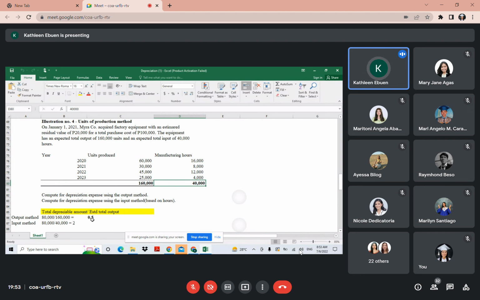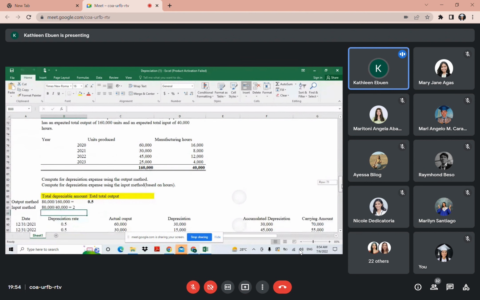Therefore, ang ating output rate is, depreciation rate is 0.5. Sa input method naman, kung saan gagamitin daw natin si total input hours. So, 80,000 divided by 40,000 is equal to 2. So, yan yung ating depreciation rate.